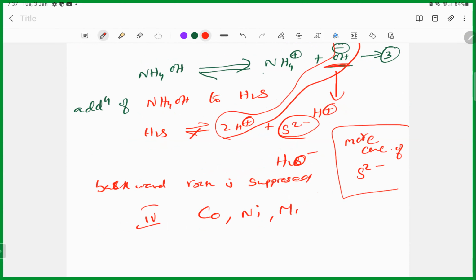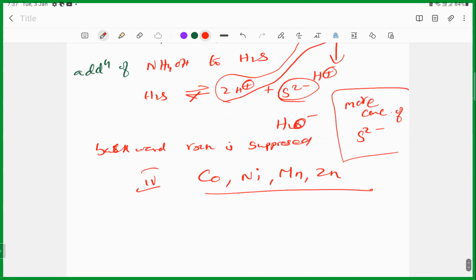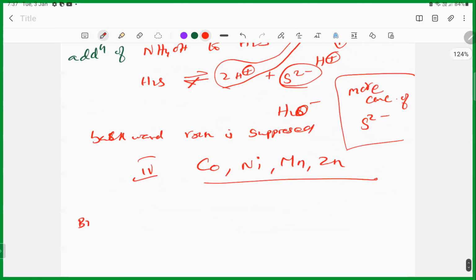Now you may ask, sir, what is the advantage of this? When you take the metal brass, what will be in that alloy? What all will be there?